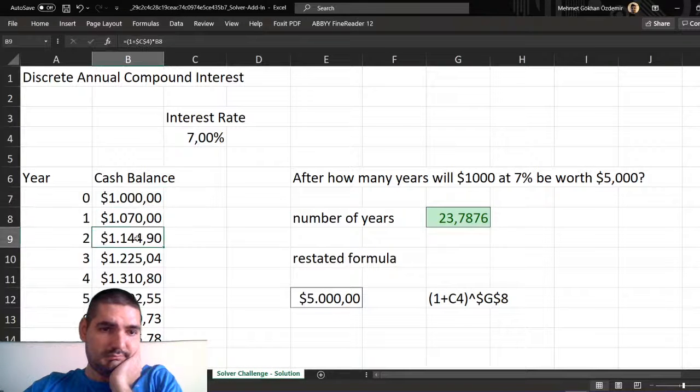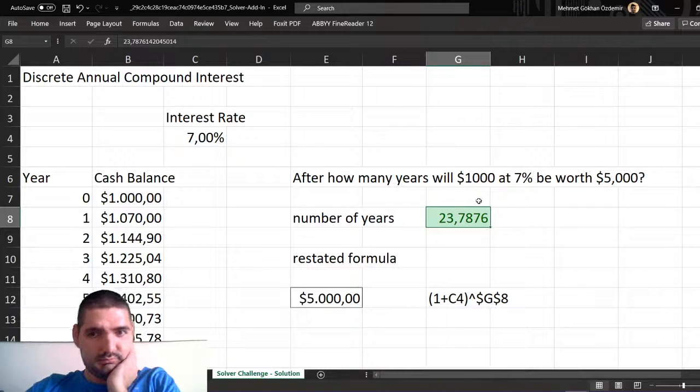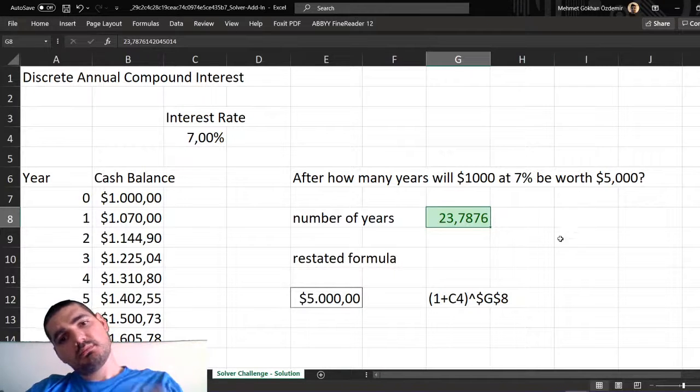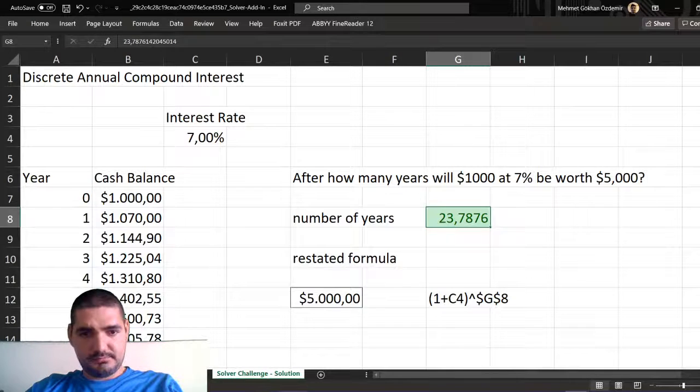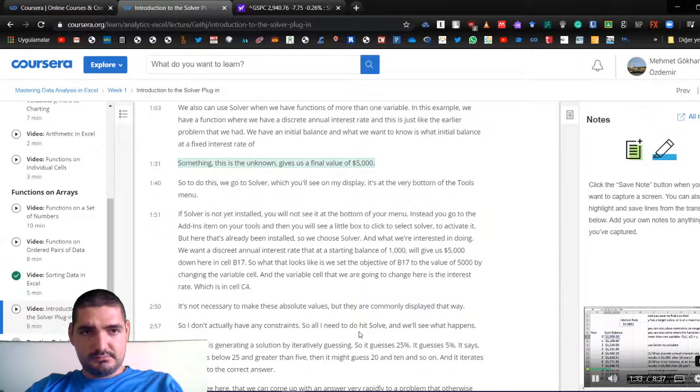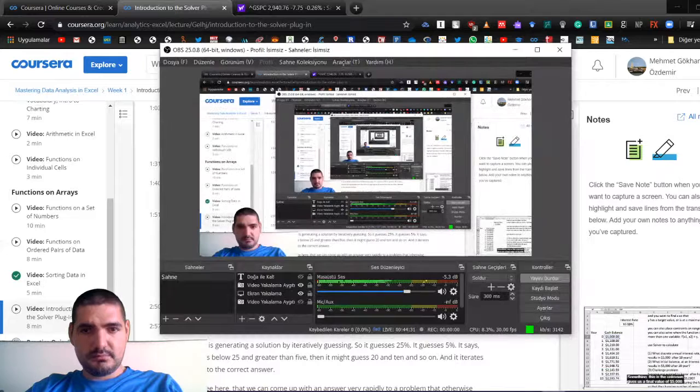We have an initial balance, and what we want to know is what initial balance at a fixed interest rate of something, this is the unknown, gives us a final value of $5,000.